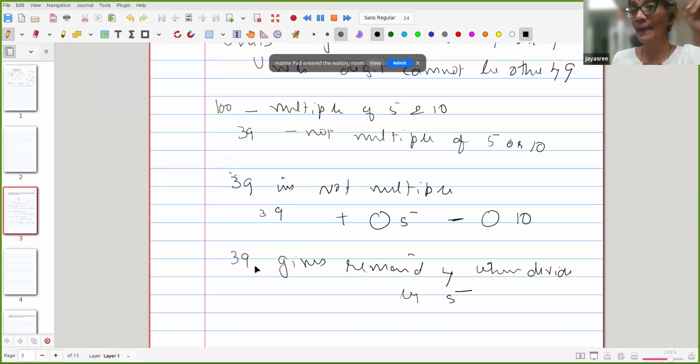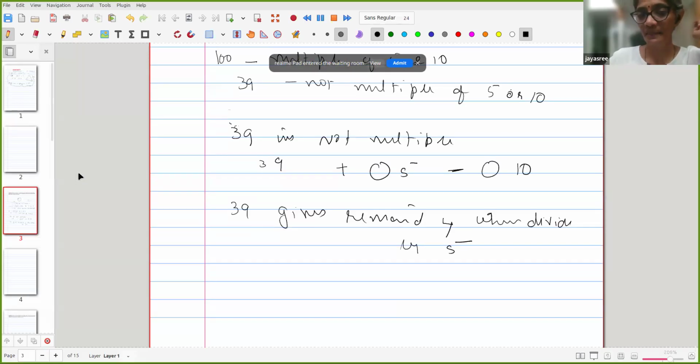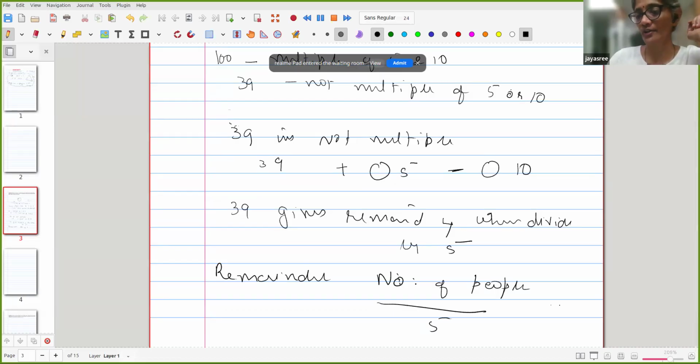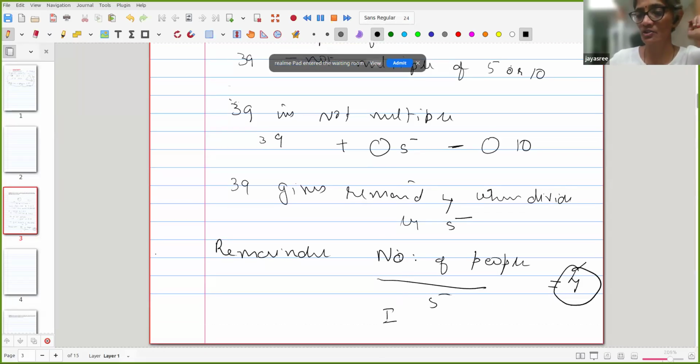Whichever way, the remainder when the number of people in the room is divided by 5 will always be what? 4. So this 4 remains invariant when we add 5 or subtract 10.